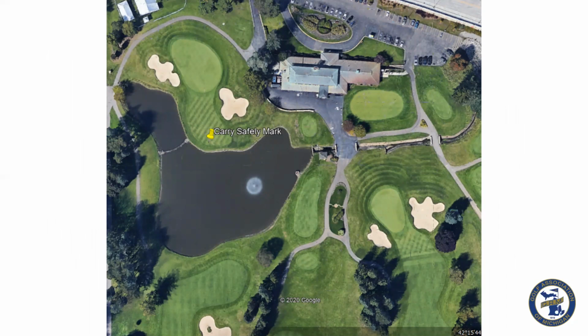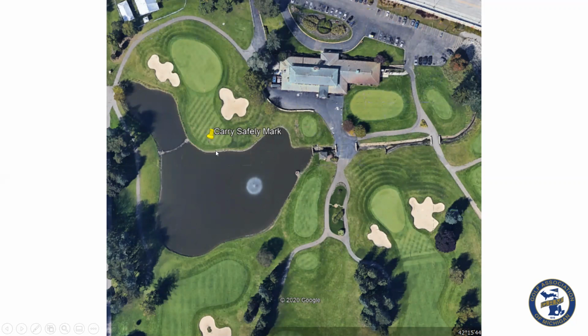So this is the 18th hole at U of M, if any of you have been out there. But you've got your water here, and this little yellow pin here is my estimation of 10 yards beyond the water here.